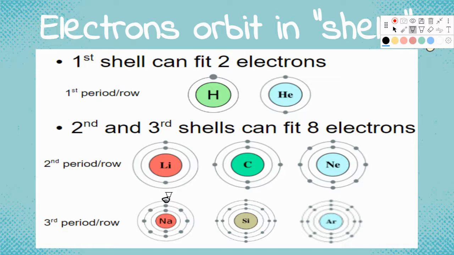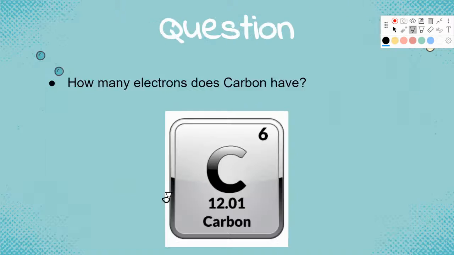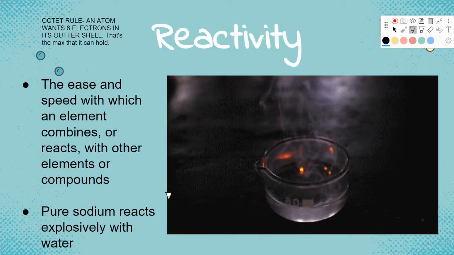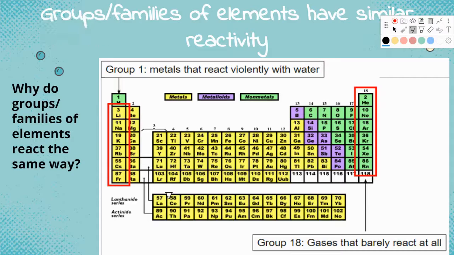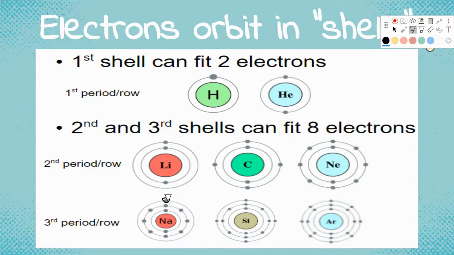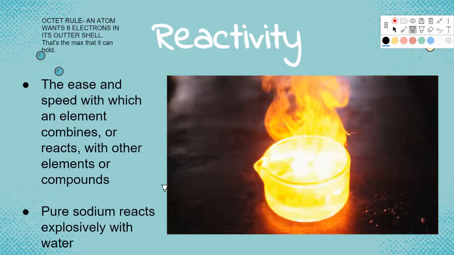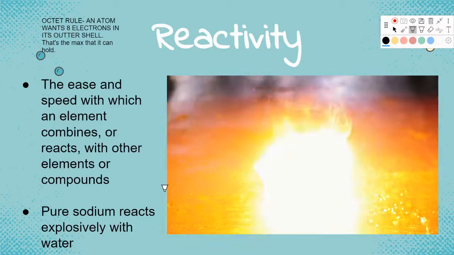That's why it reacts so quickly, and that's why it reacts explosively, because it's so easy to just get rid of this one electron that it reacts very aggressively, I guess. And that's why you see that flame go up. Because here is pure sodium, right? That's what this bullet point is saying. Pure sodium reacts explosively with water. Na is sodium. So that's why you see it reacting the way it does, because it's getting rid of that electron as fast as it can.